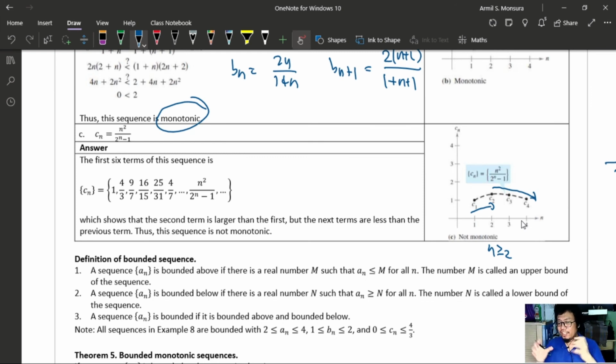Now there are two schools of thought here. Number one, this sequence is generally not monotonic. By definition, this sequence is not monotonic for all n.